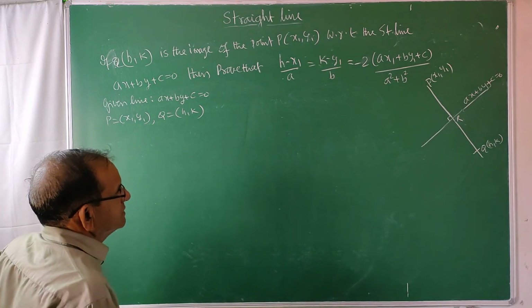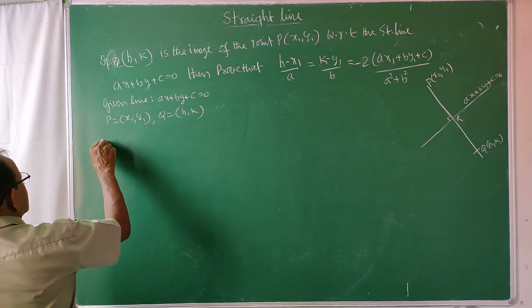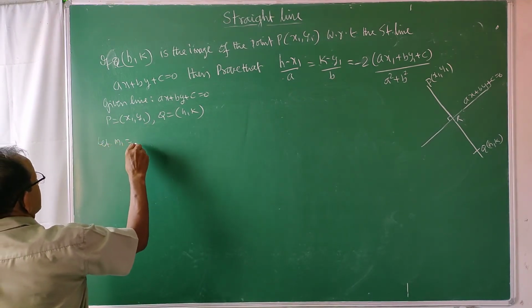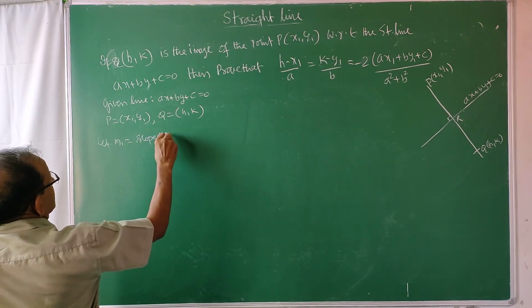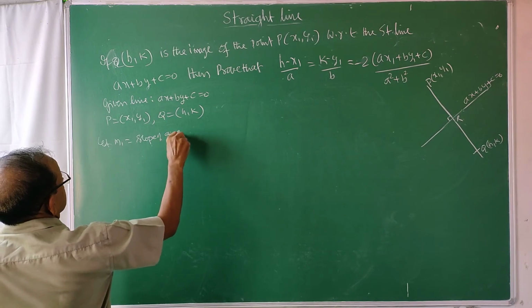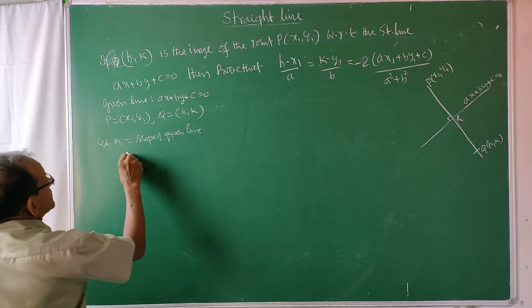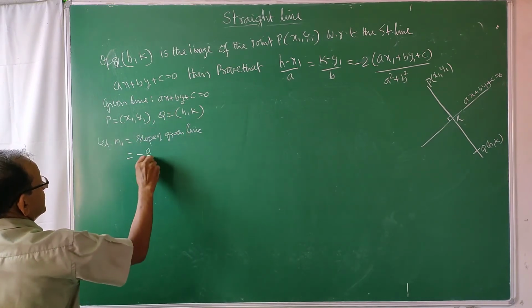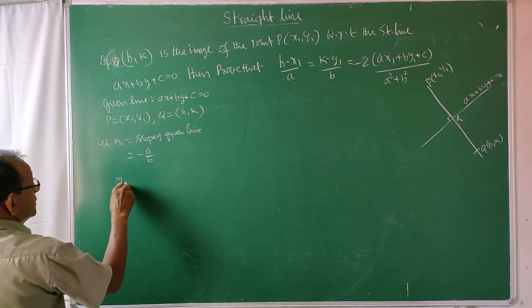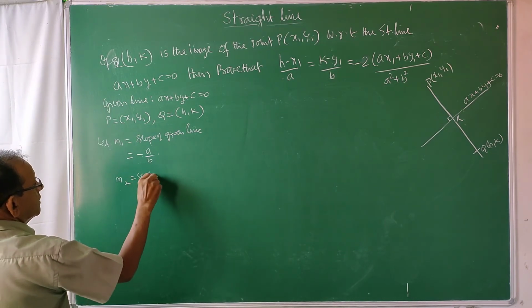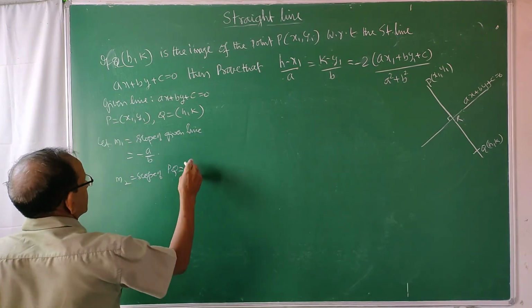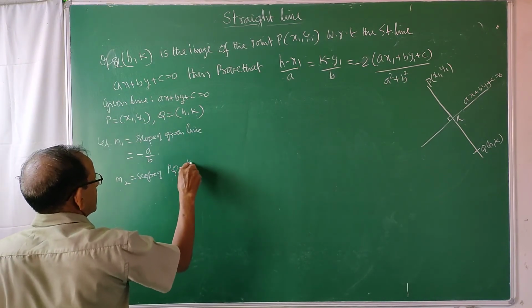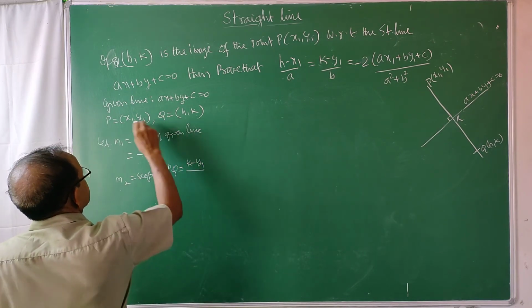Now what is slope of PQ? Let M1 be the slope of the given line, that is minus of A by B. M2 is equal to slope of PQ, equal to k minus y1 by h minus x1.